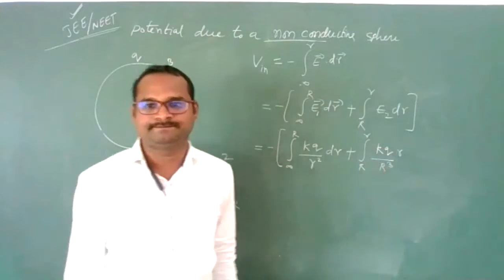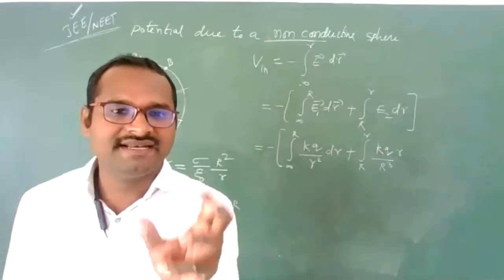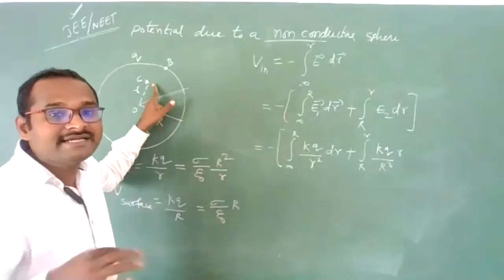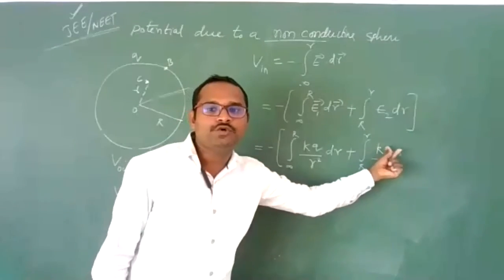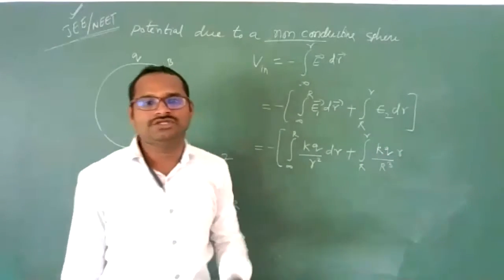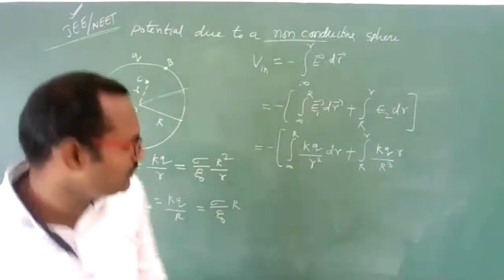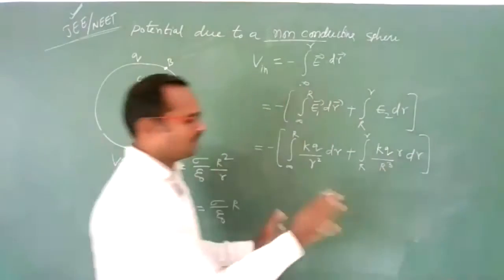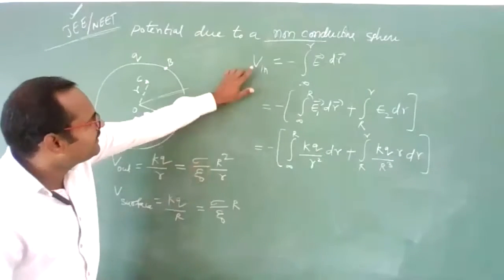Yes, perfect. This is the formula for the electric field due to a non-conducting sphere at an inside point: KQ by capital R cube into small r, into dr. This total thing we need to do. You will get the answer for an inside point.